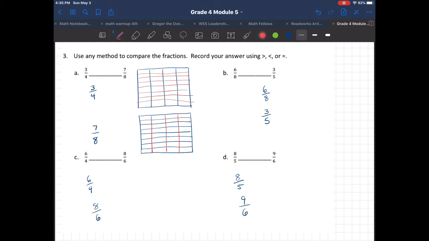So the deal is that now we have the same exact grid on both, right? And when we did 3/4 on this one, whoops, that was not the right tool. 3/4 and 7 of those 8. Now it looks to me from this that 7/8 is more.